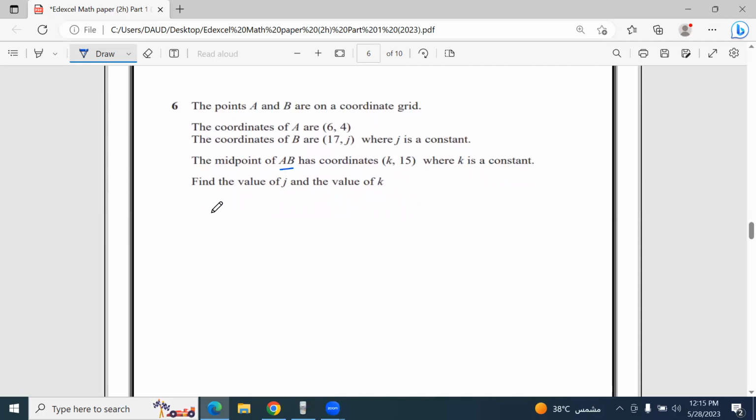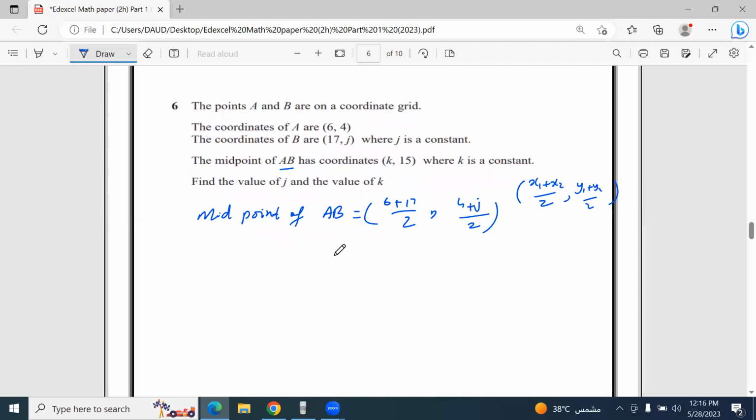So first I will apply the midpoint formula for coordinates A and B. So I can say that the midpoint of AB equals, remember I will apply the formula x1 plus x2 over 2, y1 plus y2 over 2. So it gives me 6 plus 17 over 2 and 4 plus j over 2.